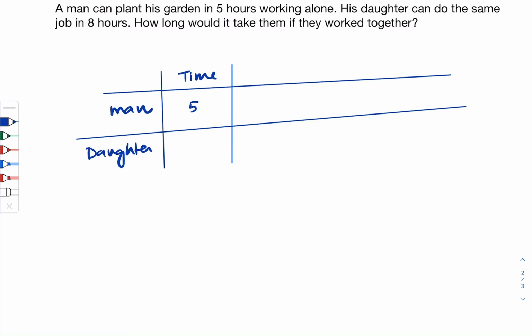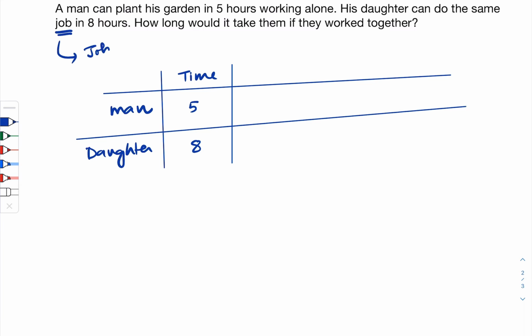All right, and because the job is only one, right? So out here, the job is one, okay? So therefore, what we can do is figure out the rate.